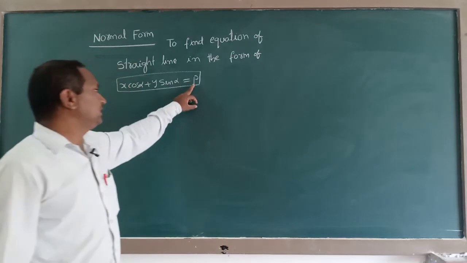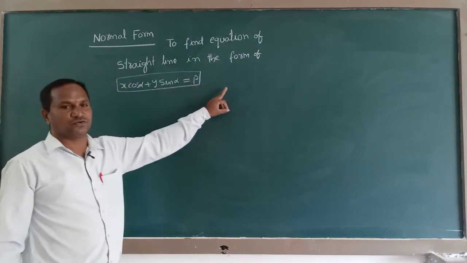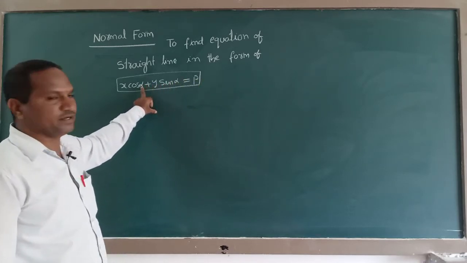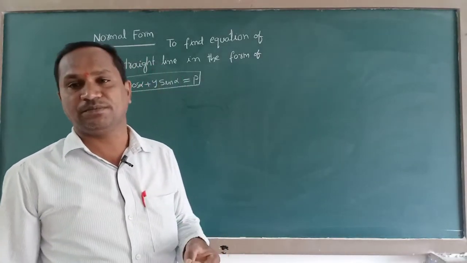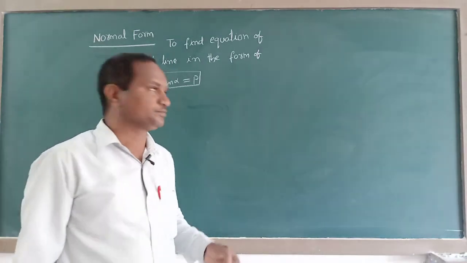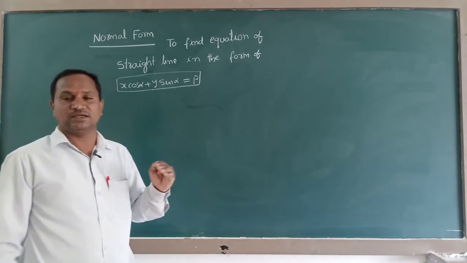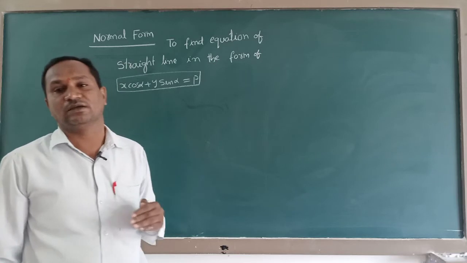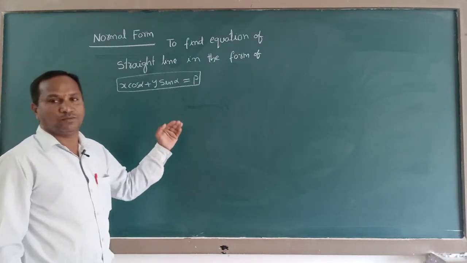That's why p is the length of the perpendicular from origin onto that given line, and alpha is the angle made by the perpendicular line along the x-axis in positive direction. Now let us draw the diagram for this. At the same time we are going to give the derivation for this form also. Let us now give the proof for this form.